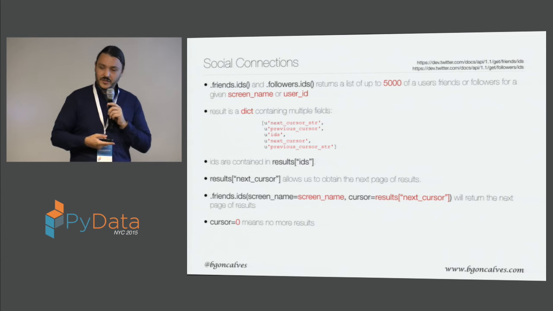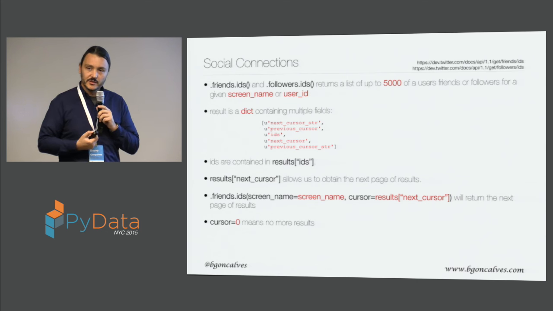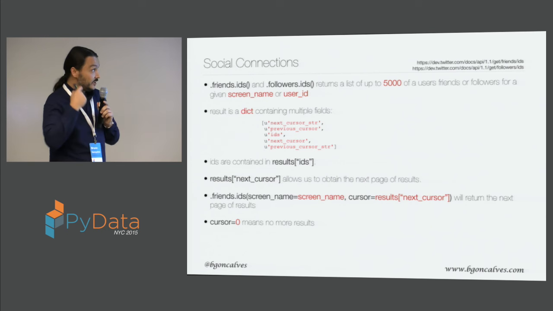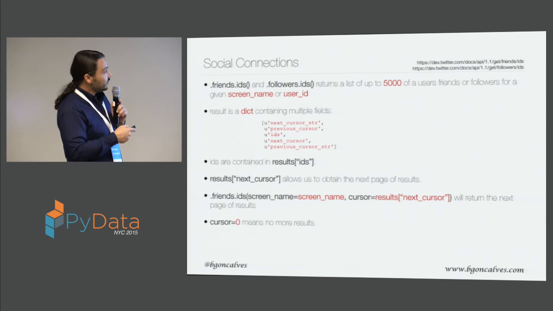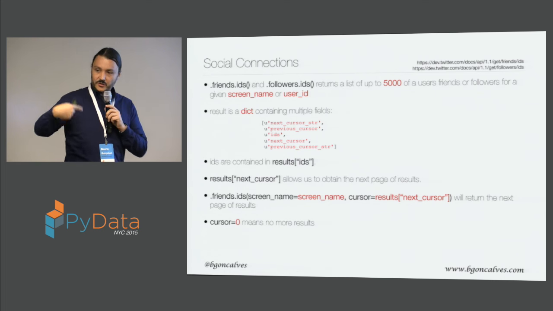5,000 seems like a big number, but when you think that many users you're interested in have millions and millions of followers, these 5,000 are not that many when you think about it. And what this gives you back is a dictionary with a few fields. It gives you the next cursor string, the previous cursor. And so the next cursor string is basically how you get the next page of results.